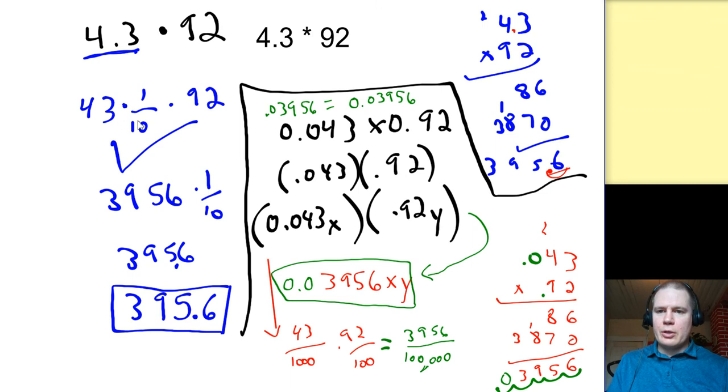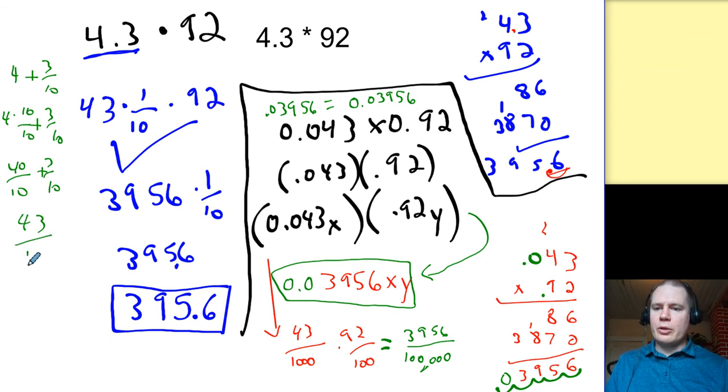Here, instead of saying 4 and 3/10ths, if I want to think of that as 43 tenths, technically, I am multiplying by 1. So I have 40 tenths plus 3/10 to get 43/10.